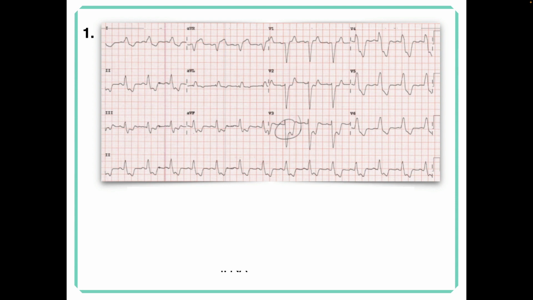Do you see any other Sgarbossa B? They only circled one lead, but do you see it any other place? Even if it's a tiny bit? V2, a tiny bit. Yeah, I would say V2 and V3, there's Sgarbossa B. Now, just because there's Sgarbossa B doesn't mean there's not Sgarbossa A, so you still need to look for Sgarbossa A.